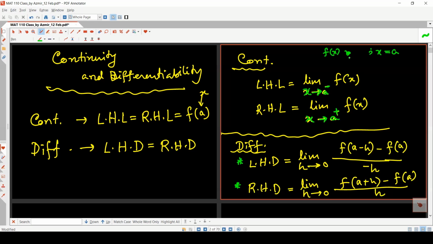But if we have to check whether the same function f of x is differentiable at x equals a or not, then you have to remember that there is h always. So for differentiability, h tends to 0 always. It may be x equals 1, but we will not input here h tends to 1. Okay, it will be always 0.